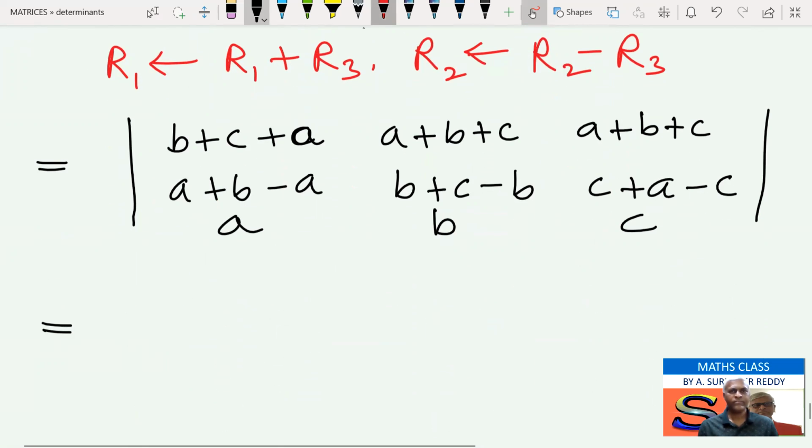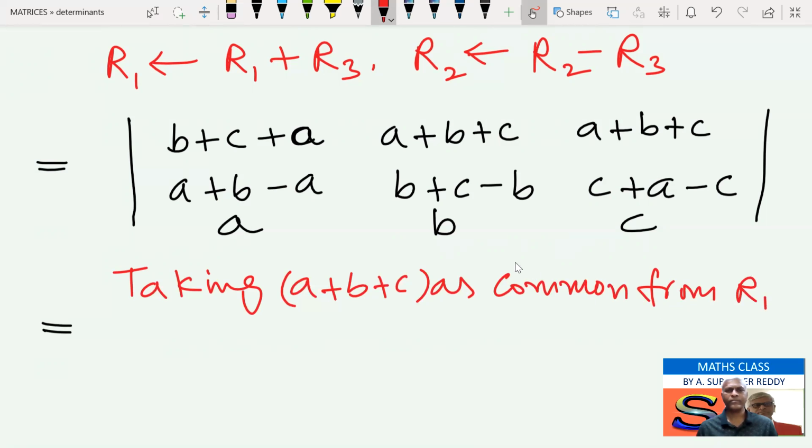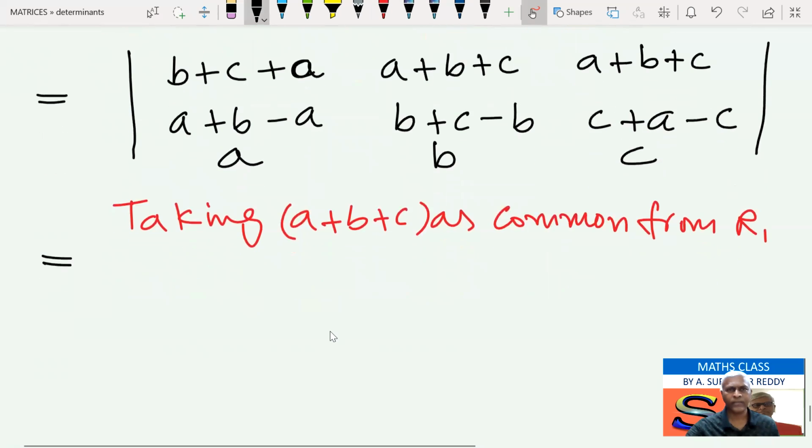So simplifying this, A plus B plus C is there in R1 in all the elements. So taking A plus B plus C as common from R1, we write A plus B plus C outside.